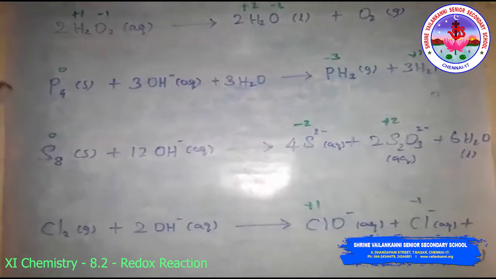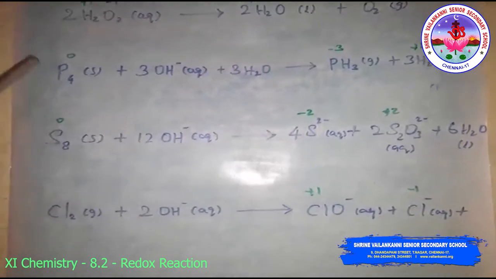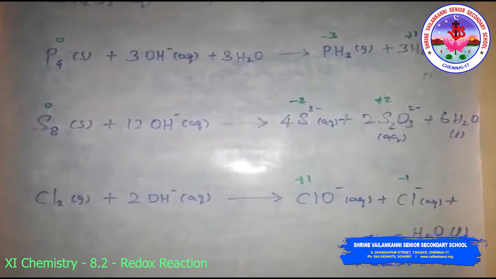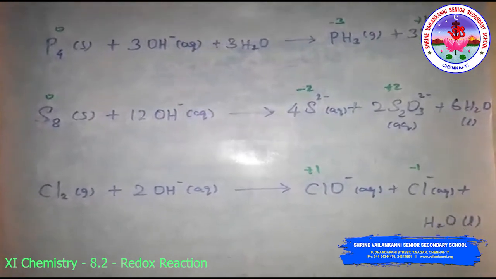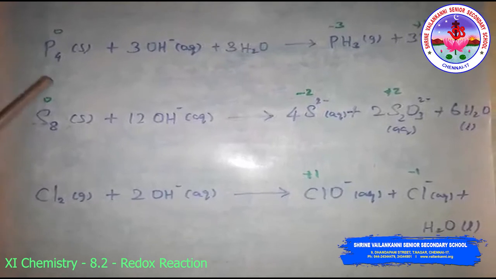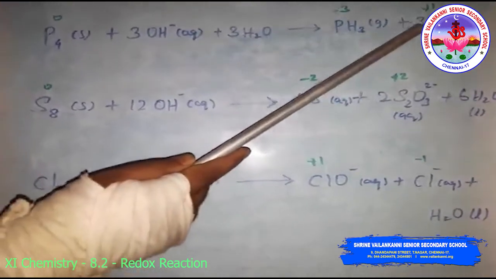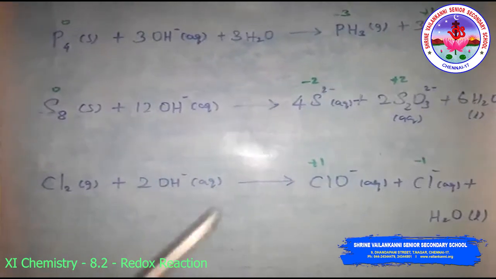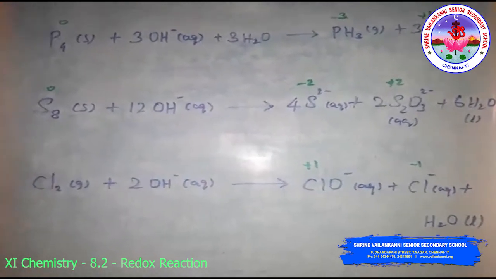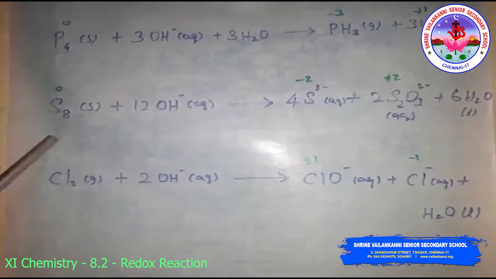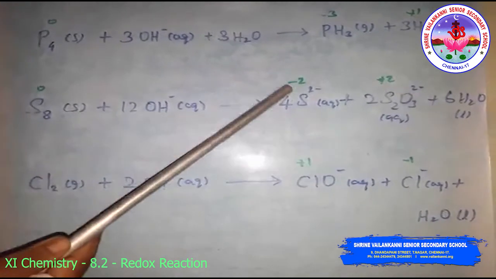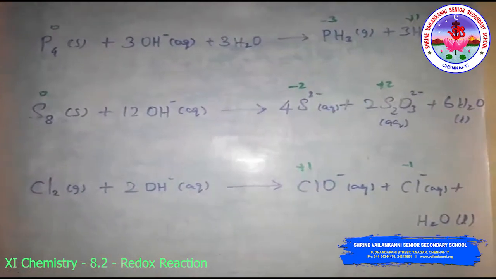Now look at these reactions of phosphorus, sulfur and chlorine. These 3 undergo disproportionation in alkaline medium. See, the phosphorus has -3 here and +1 here. Sulfur has -2 here and +2 here.